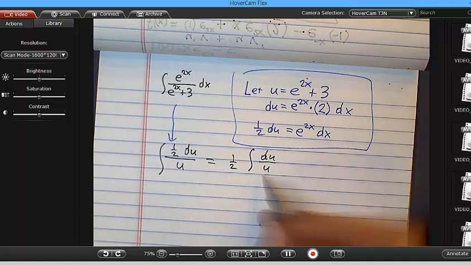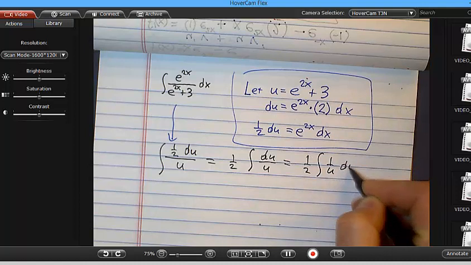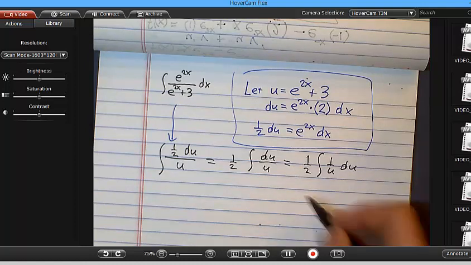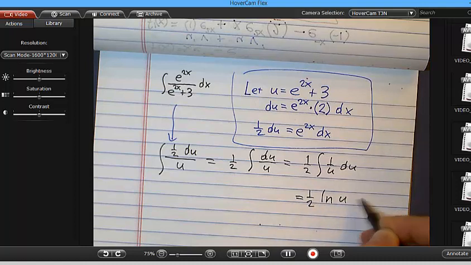That's one way it's written. Or it's sometimes written 1/2 integral 1 over u du. Hey guys, what's the antiderivative of 1 over u? Yes. Well, ln of u plus c.